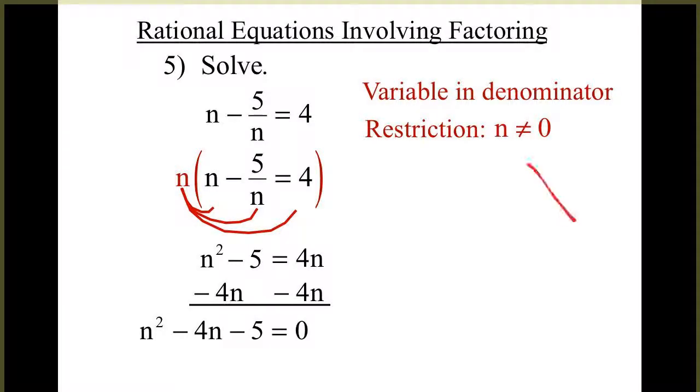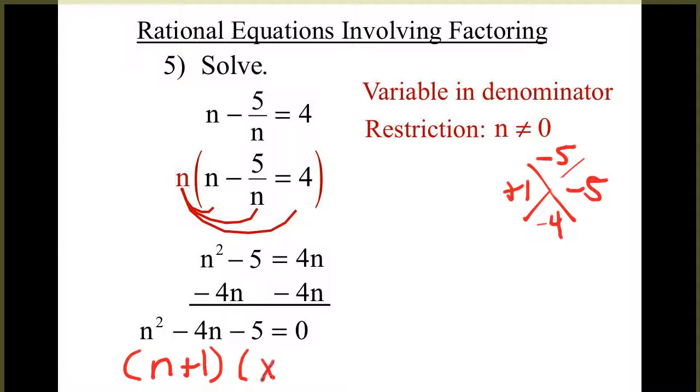You have to do your x marks the spot: what multiplies to negative 5 and adds to negative 4? Multiplies to negative 5. How about 5 and 1? Negative 5 and positive 1.